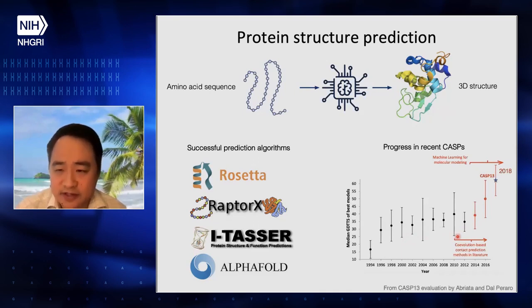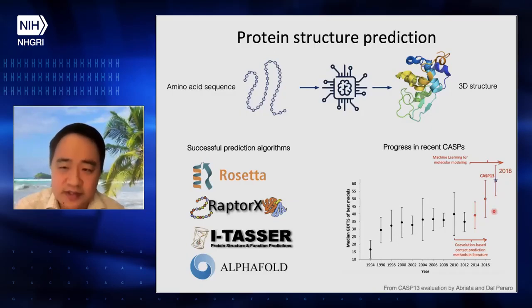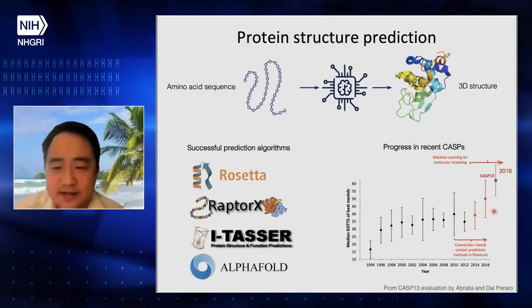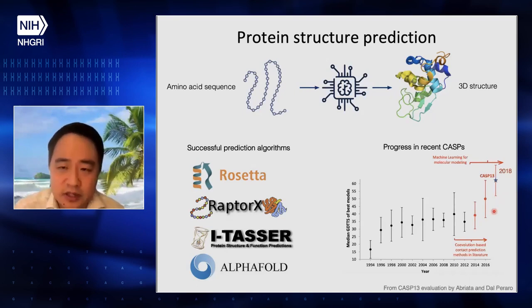But most recently, there is a huge improvement that greatly increases the performance of structure prediction. Why is that? I will show you two reasons I believe to be true. One is that machine learning algorithms have become very powerful and can leverage a lot of data so that we can make reasonable predictions.